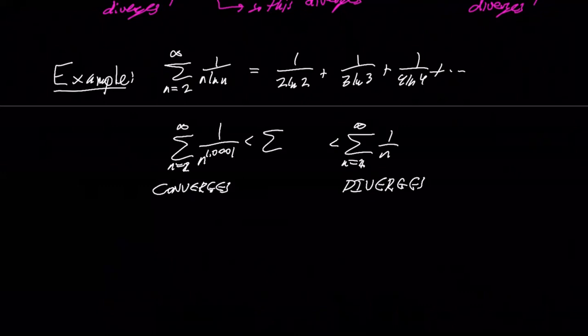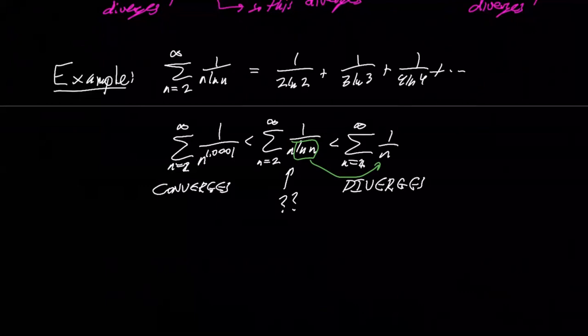This example that I'm giving actually lives in between. So it's not obvious whether or not this converges or diverges, because it's smaller than something that diverges and it's bigger than something that converges. And we know this is true because ln grows so slowly. It's still positive, so that makes the bottom here bigger than the bottom of 1 over n. n natural log of n is bigger than n.